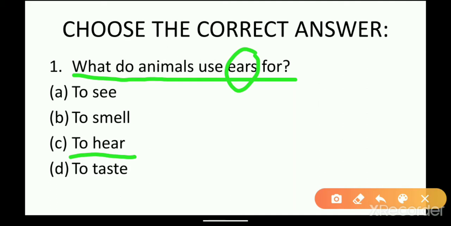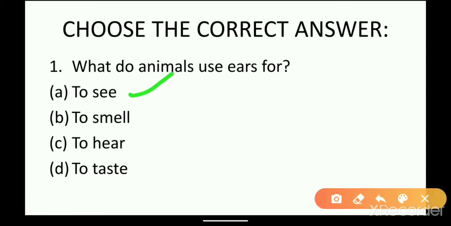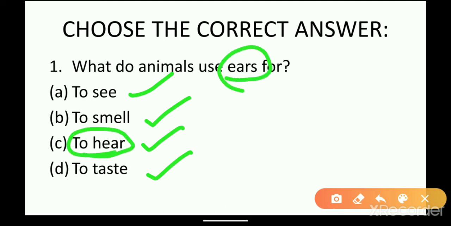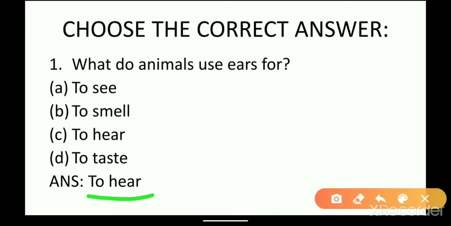So what will be the answer for animals? It is also to hear. Option A, to see. Option B, to smell. Option C, to hear. Option D, to taste. So your correct answer is to hear.